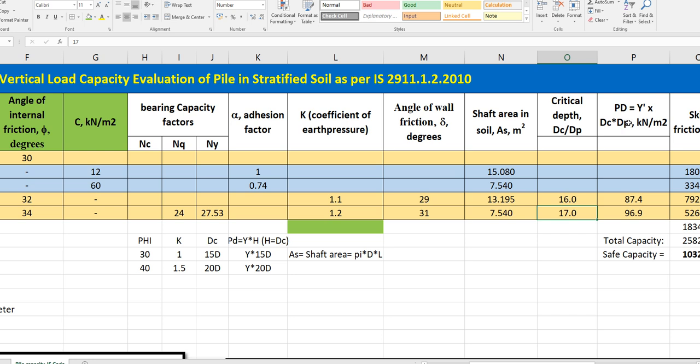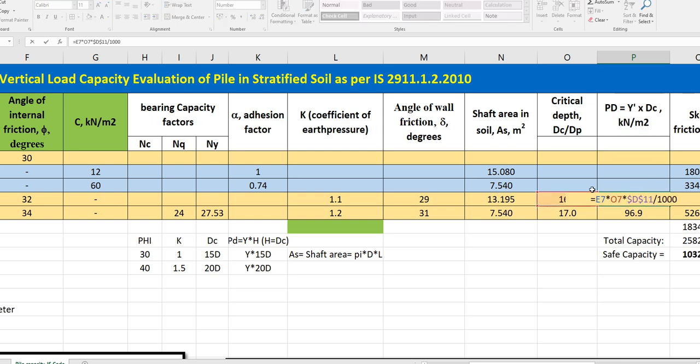So for calculation of P_D, we will have D_c, actually I will just say this nomenclature as D_c.